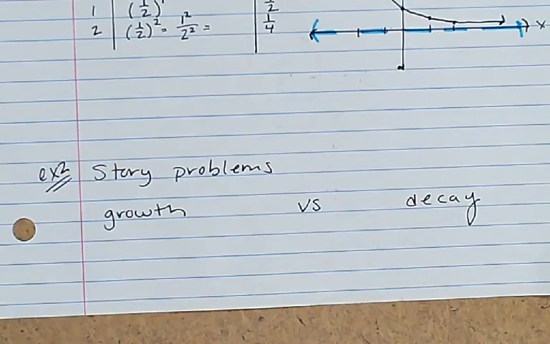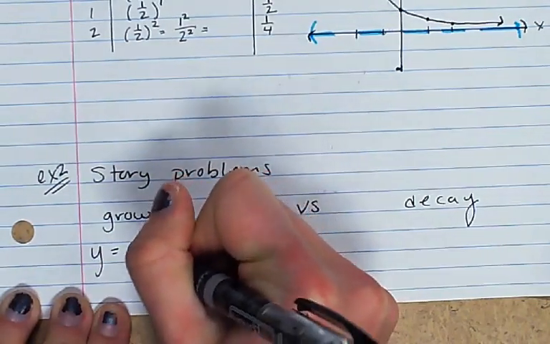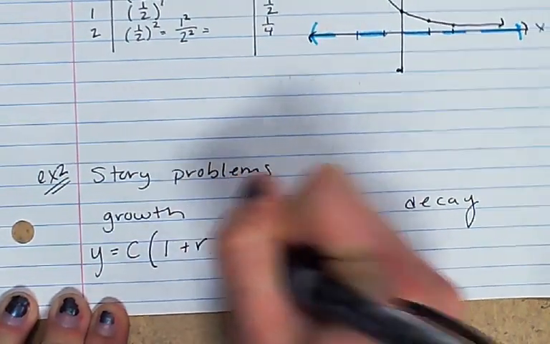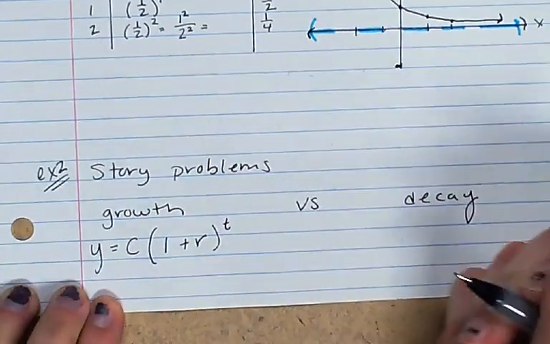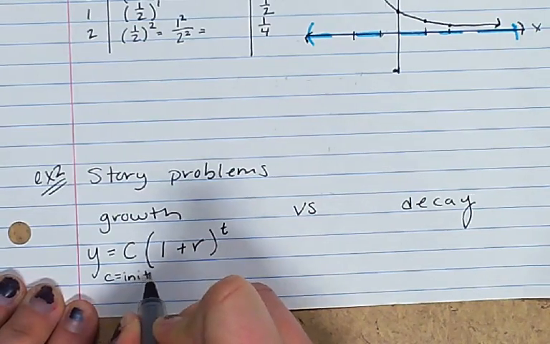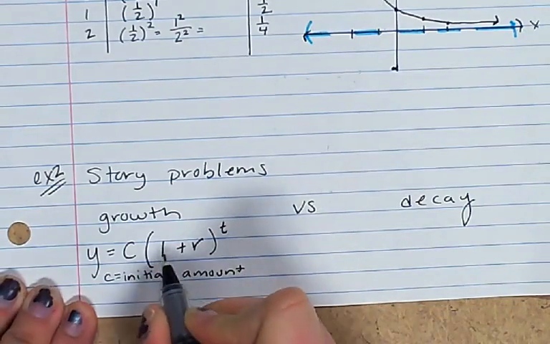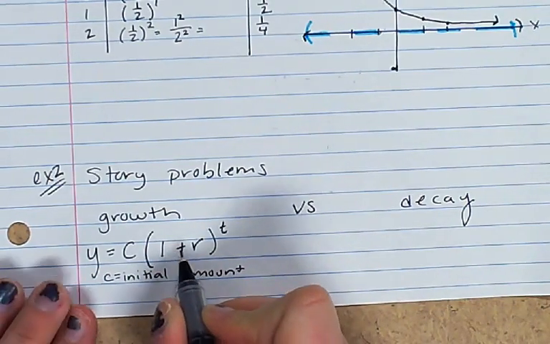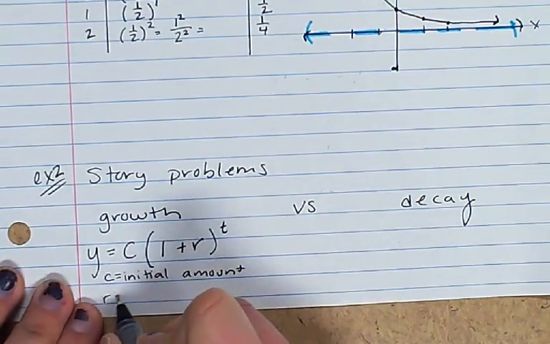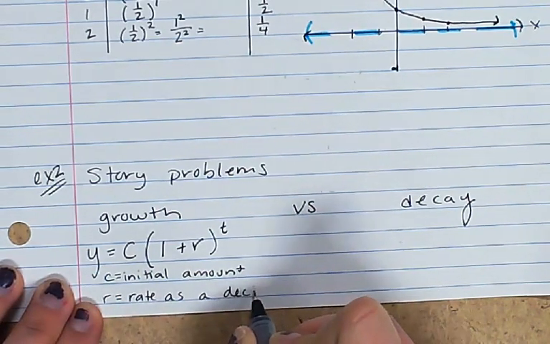So next, when you're doing exponential growth and decay story problems, the formula that's going to help you out for growth is this equation right here, where C is your initial amount, and then this value is always 1, plus r, where r stands for rate as a decimal.